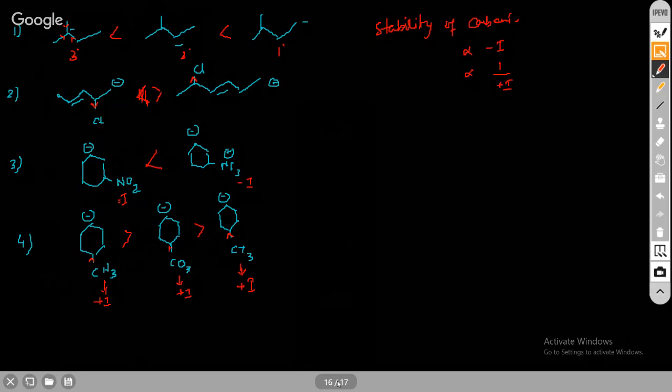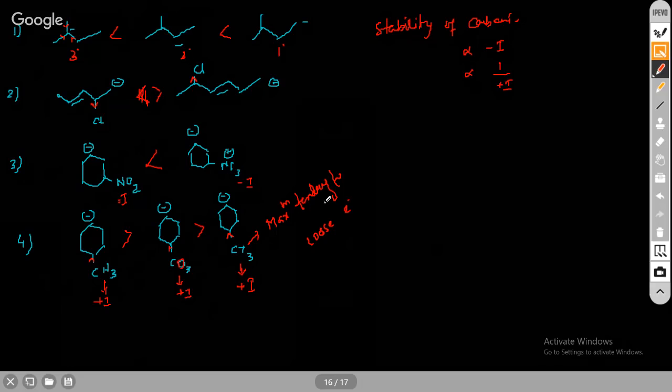You see, CH3 has plus I nature, and the plus I nature of CT3 is maximum. Understood, Shweta? CT3 has maximum tendency to lose electrons, right?